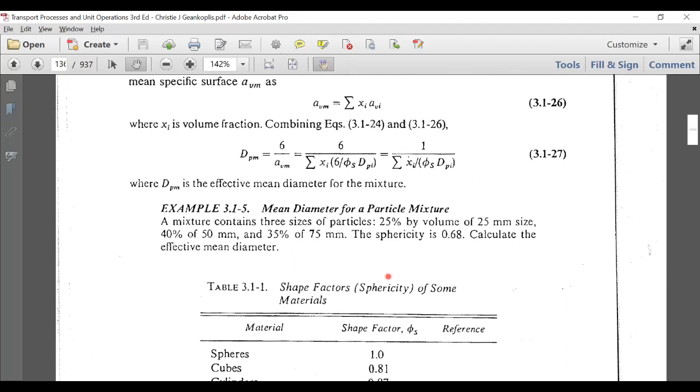To find the effective mean diameter, we use equation 3.126.